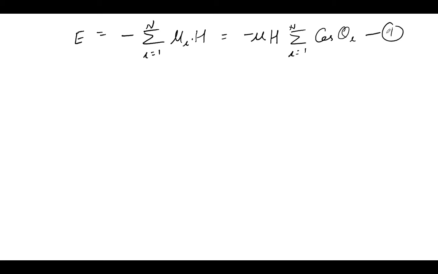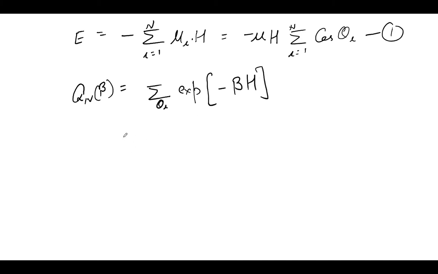So the partition function of the system is generally written as Qn, which is dependent upon this beta factor, that is temperature, summation over theta i of exponential of minus beta into H. This is how we write our partition function.